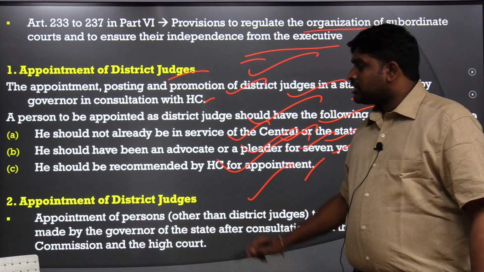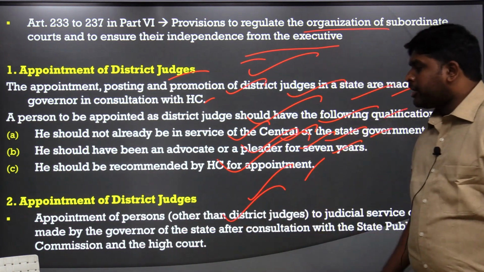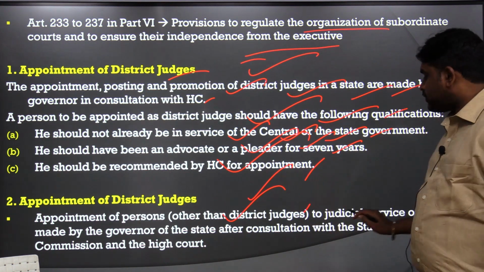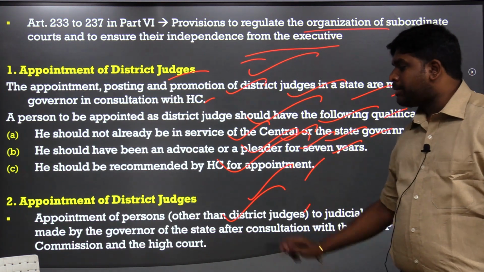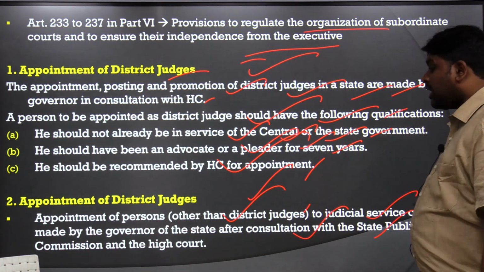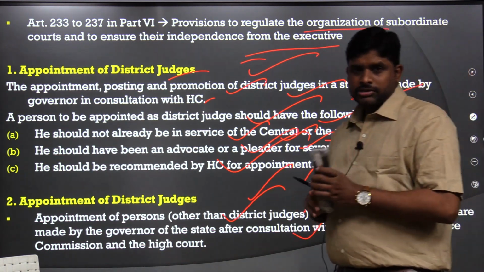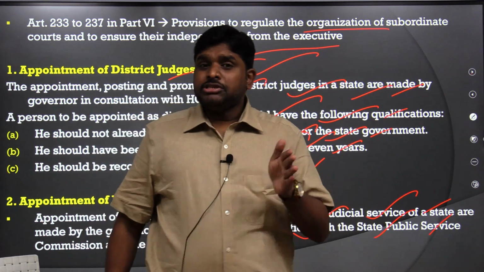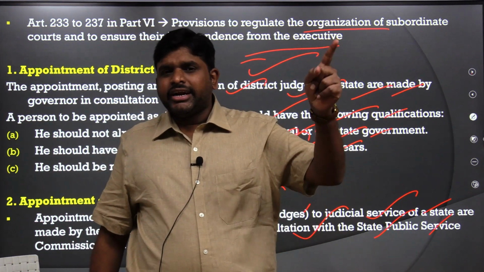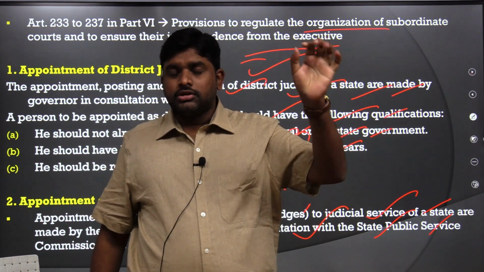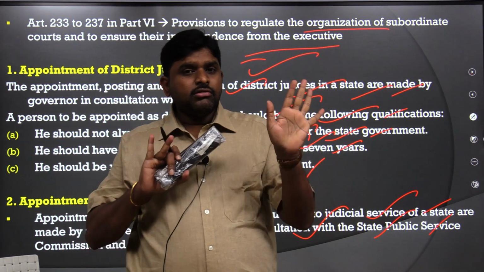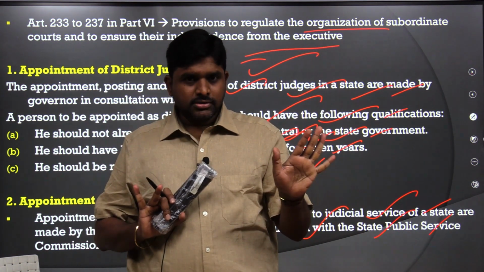Appointment of persons other than the district judges to the judicial service of a state is made by the governor of the state after consultation with the State Public Service Commission and the High Court. Two things you have to understand first. Some states will recruit district judges directly if they have 7 years of experience.